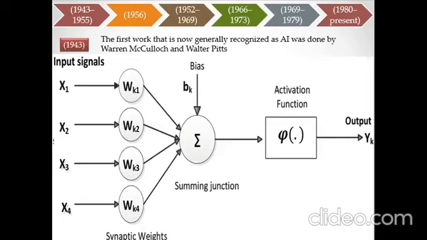Now, as a human being, we capture knowledge from the environment, and this captured knowledge is processed inside the brain, and according to the processing, the human reacts. The same thing is implemented artificially, and that is called the McCulloch and Pitts model.